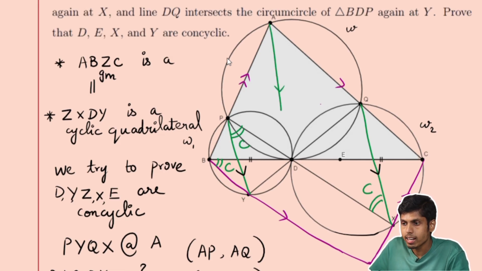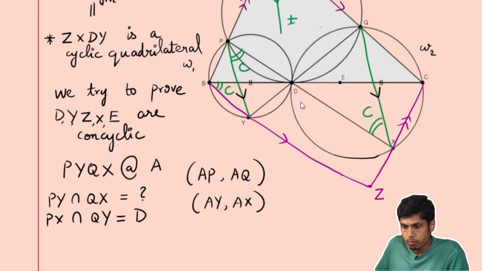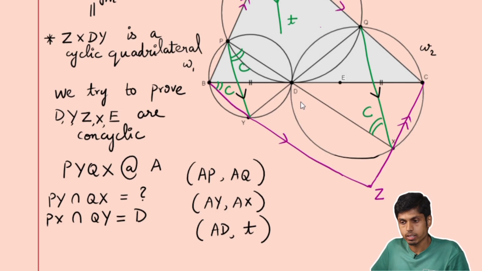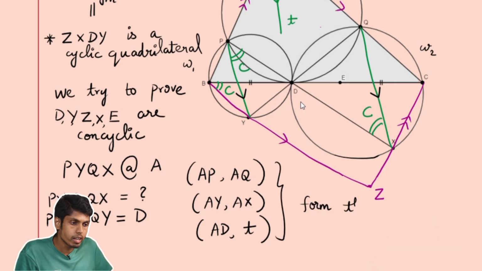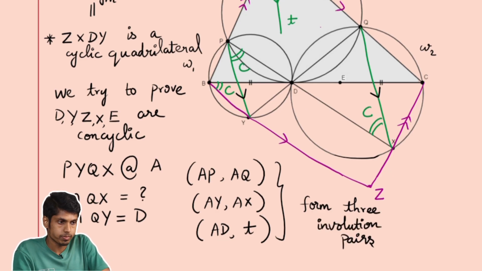Let's call that line small t, which passes through A. Alright, so hence PX intersection QY, which is D, should be joined to A. AD and the line t will be the next involution pair. Hence, these form three involution pairs that correspond to the same involution map, defined by any two of them.